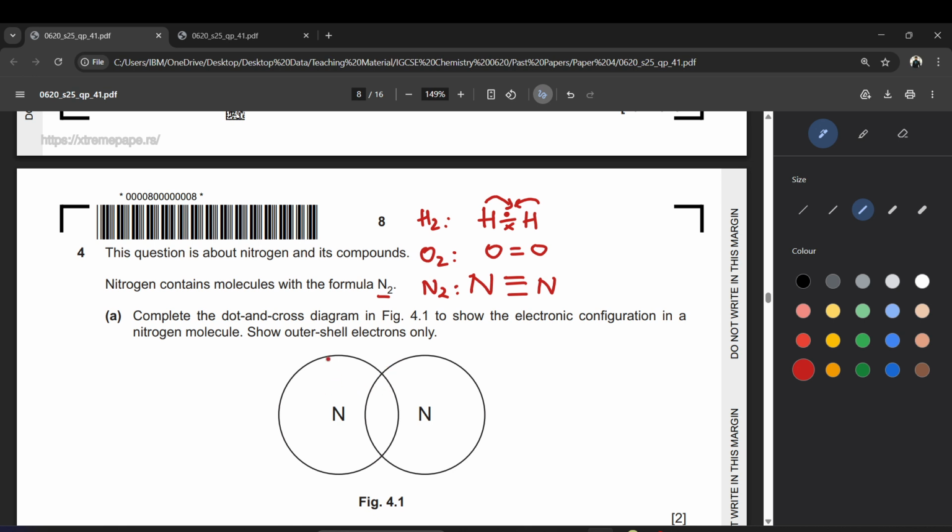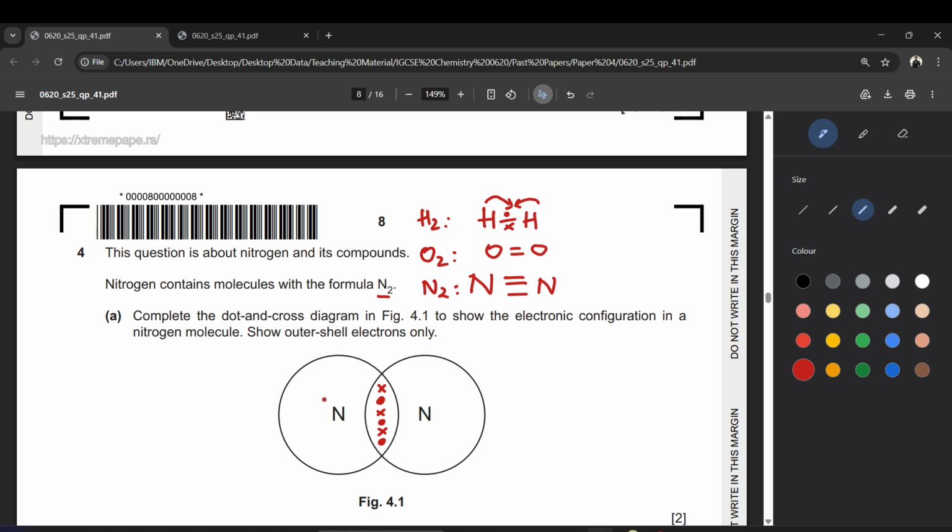From the left hand side, I'm going to represent this by a cross, and the right hand side shares its electron as a dot. That's one pair. Then another cross and another dot, then another cross and another dot. So now you can see there are three pairs of electrons, which is a total of six electrons.